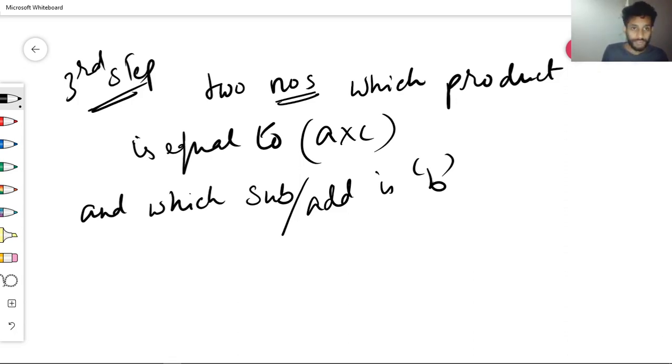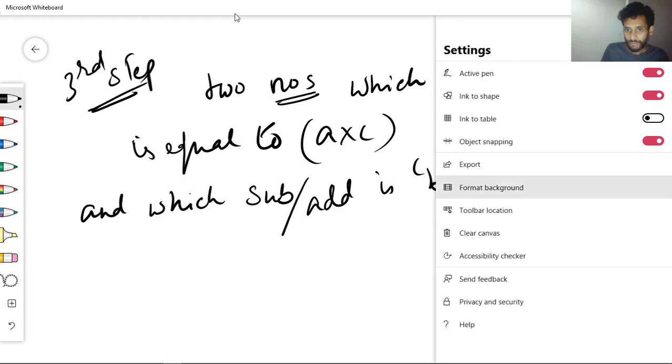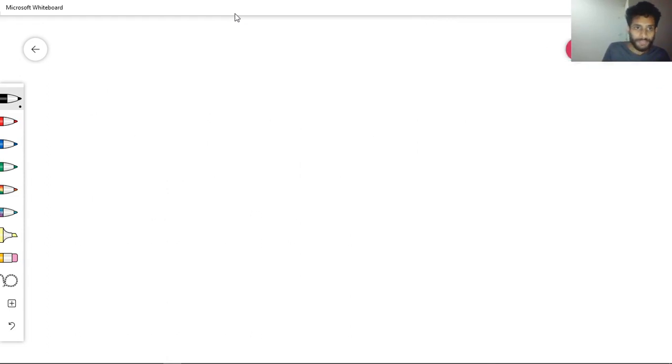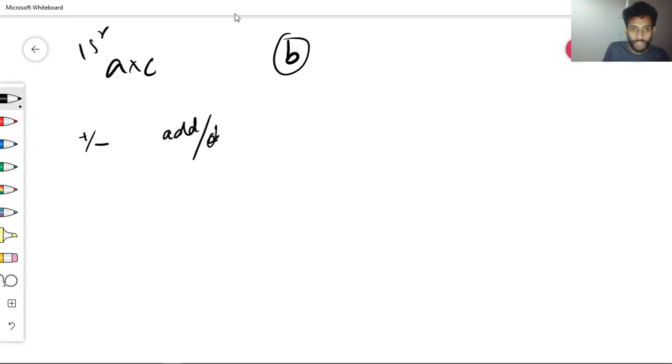So these three steps we have to understand. First of all, we will multiply a into c, and we will take out b. Then we will see if c has plus or minus, and we will add or subtract. That is the second step.